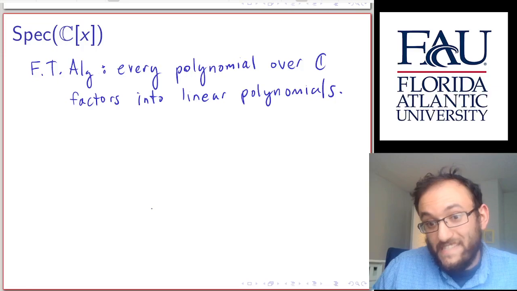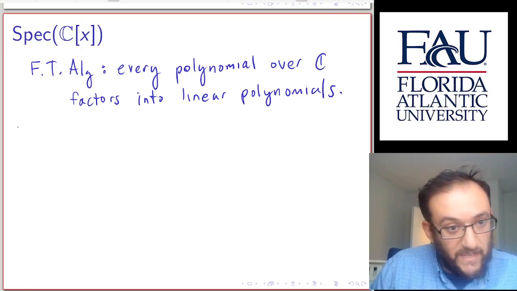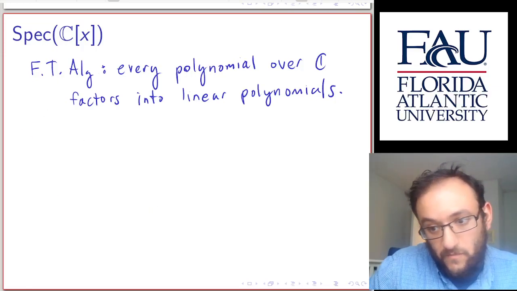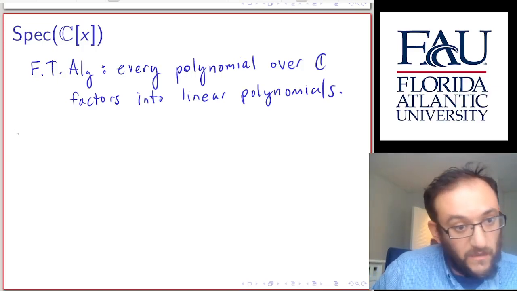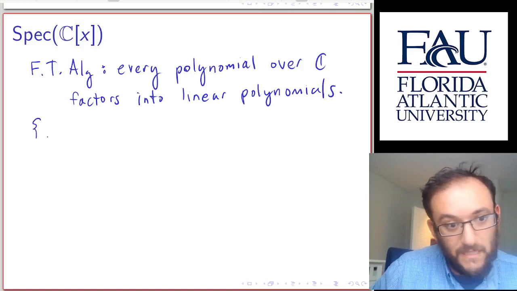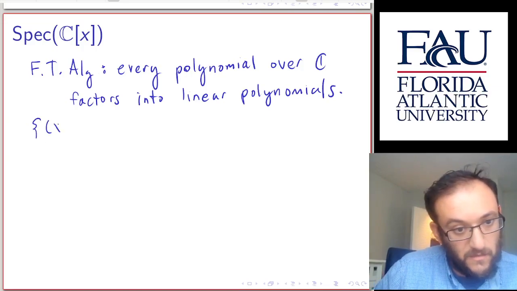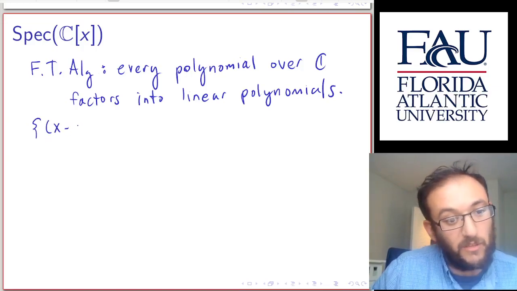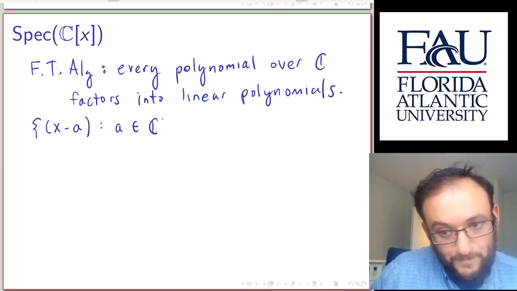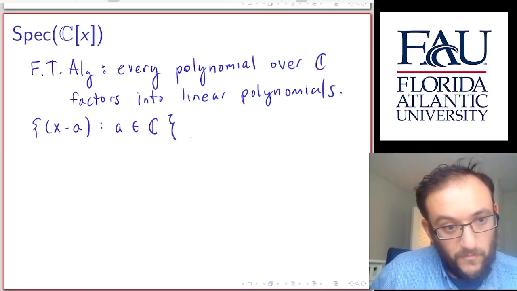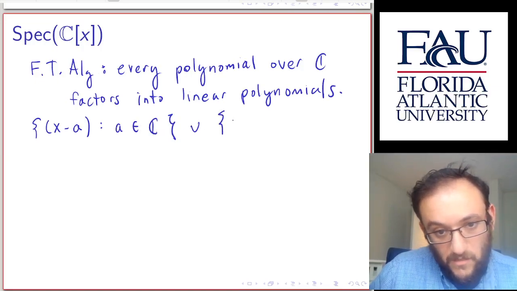So the primes of Spec C[x] are going to be the set of ideals generated by linear polynomials, x minus a, where a is a complex number, as well as, of course, our 0 ideal.